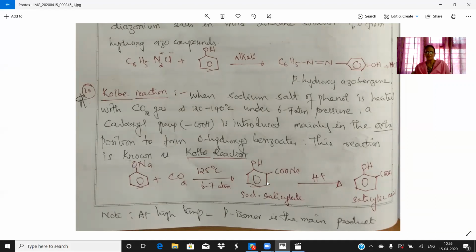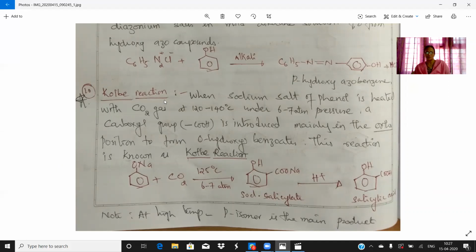Now, when this is subjected to hydrolysis, the bond breaks here, H comes here, and OH over there. Then we get the acid, salicylic acid. So sodium salicylate, when subjected to acidic hydrolysis, gives salicylic acid as the main product.